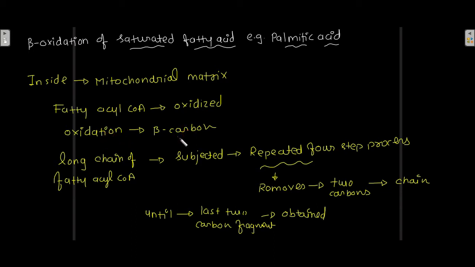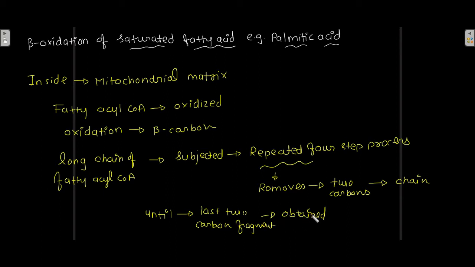Then this long chain fatty acyl coenzyme A is subjected to a repeated 4-step process, which removes 2 carbon units from the chain until the last 2 carbon fragment remains.